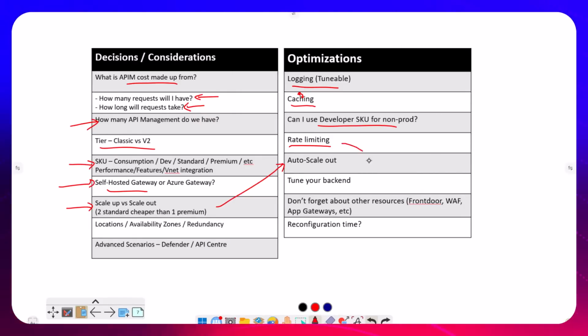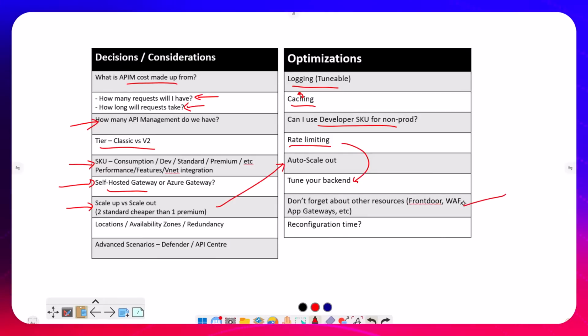I guess this is very similar to the back-end scenario as well. The better the back-end API that sits behind API management, the exact same scenario applies: better throughput, quicker latency, reduced likelihood of scaling up.